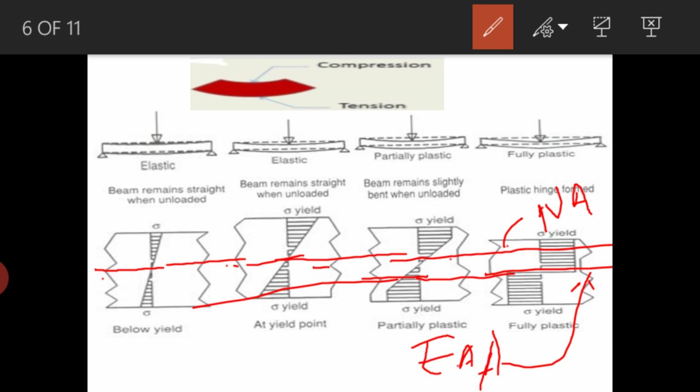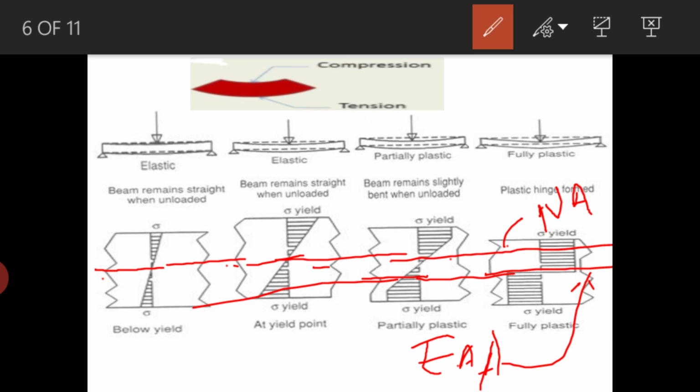Okay, if the beam section is a symmetrical section, symmetric about both the axes x and y, then the neutral axis and the plastified axis will both be the same. The neutral axis is called the plastified axis.